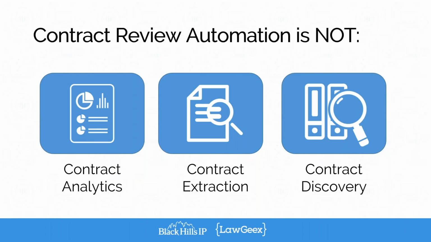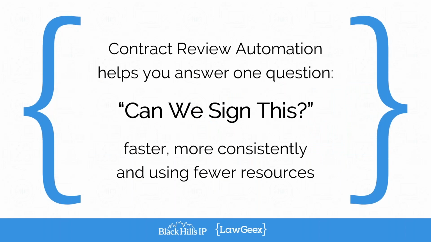It's not contract extraction, which is able to pull specific data out of a contract and put it in another system. And it's not contract discovery. So we're not here to review hundreds of thousands of contracts looking for one or two clauses. In a nutshell, the simplest way to explain this in one sentence is that we help you answer the question of, can we sign this contract faster, more consistently, and using fewer resources?